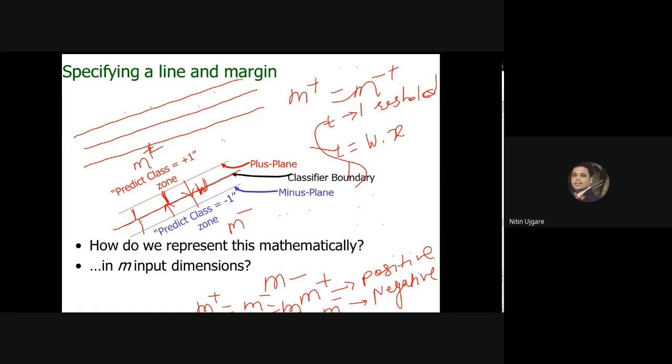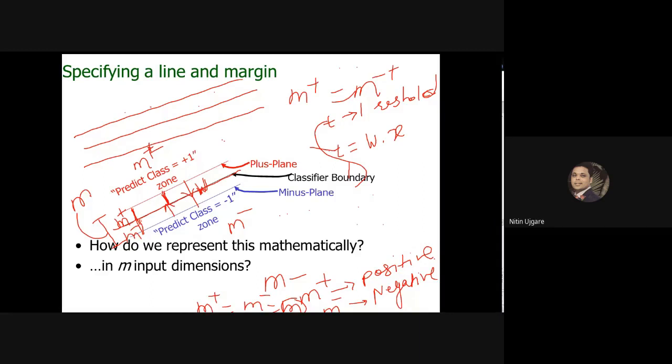So this m is again called the margin. This is my m plus and this is my m minus, and together this m plus and m minus will give me the margin m.